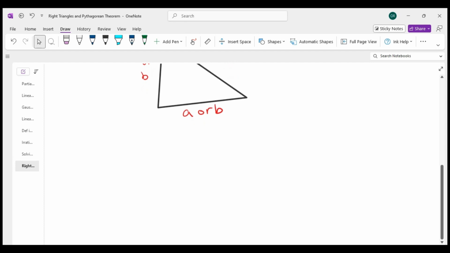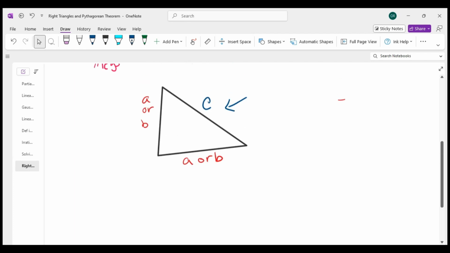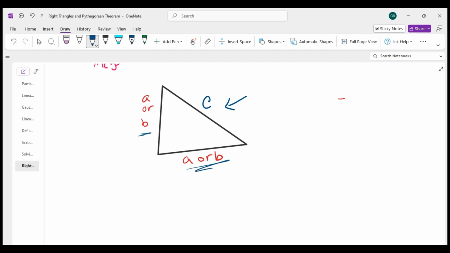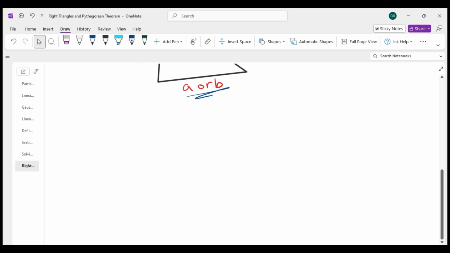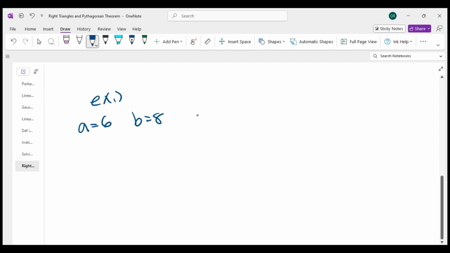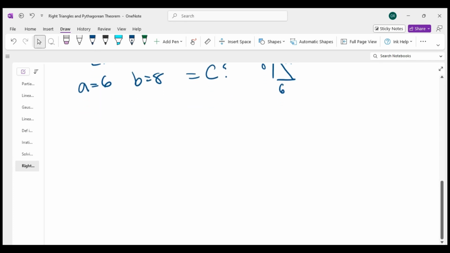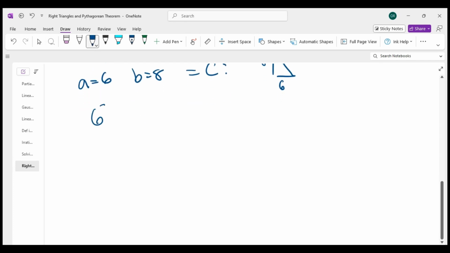So let's try out a few examples, right? I'm not going to draw the triangle for these because, like we stated before, this could be a or b. So I'm just going to say find c, find b, and all this. If we have a equals 6 and b equals 8, and we have to find c, according to our Pythagorean theorem, it would be 6 squared plus 8 squared equals c squared.